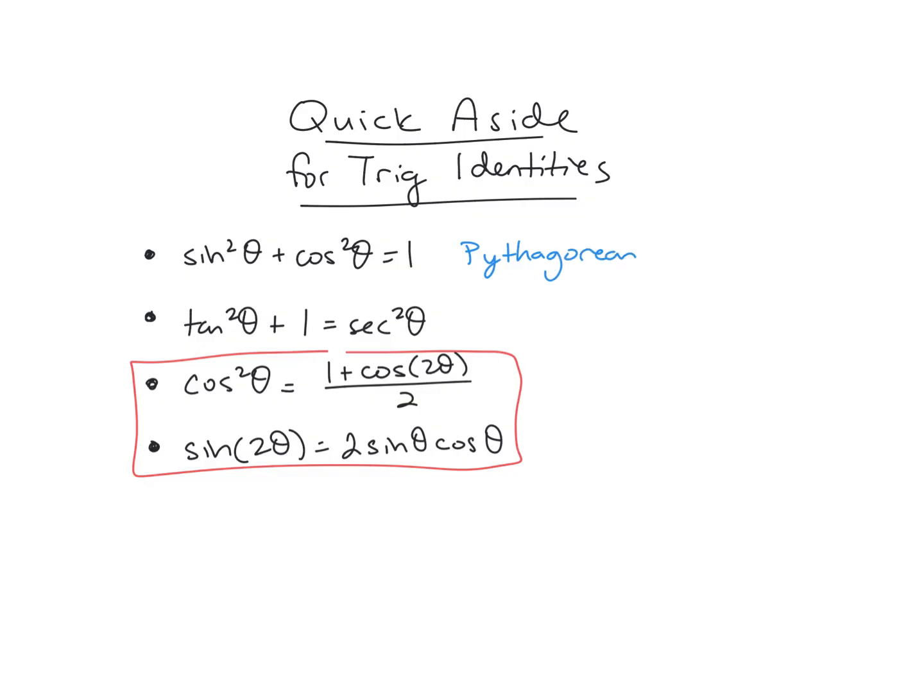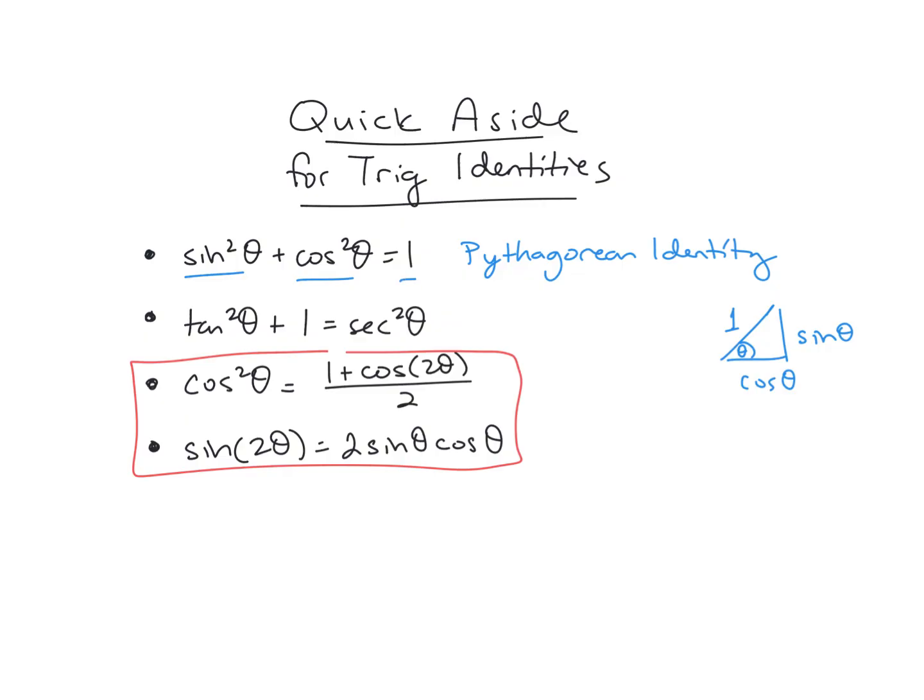It's one you may be familiar with. It's literally just coming from the Pythagorean theorem. When you're on the unit circle, your x value is given by cosine of your angle theta. Your y value is given by sine of theta. And if you're on the unit circle, your hypotenuse is always 1. And so the Pythagorean theorem literally gives you sine squared plus cosine squared equals 1.